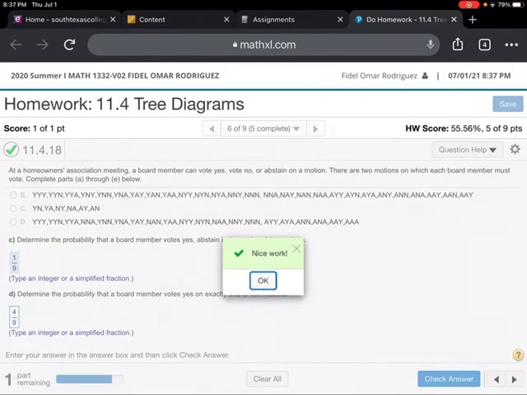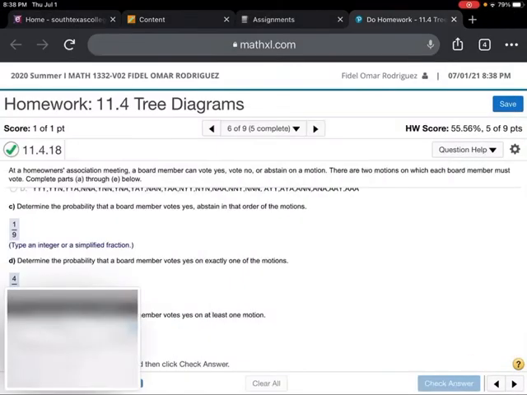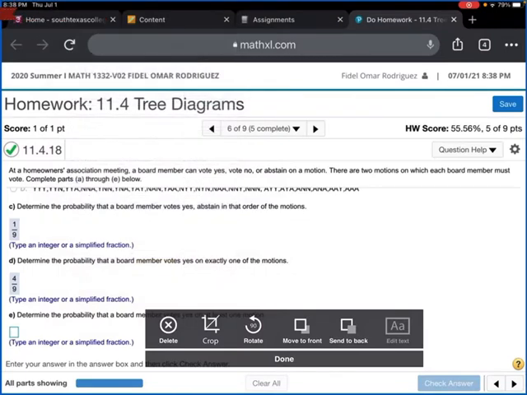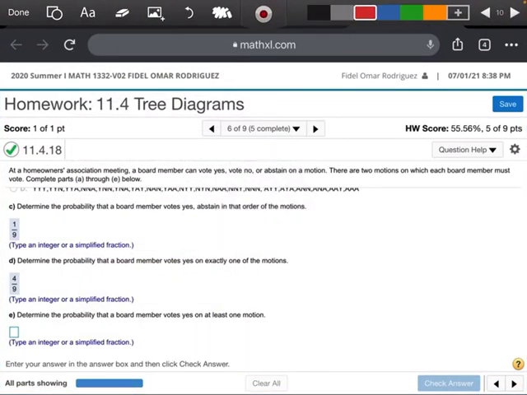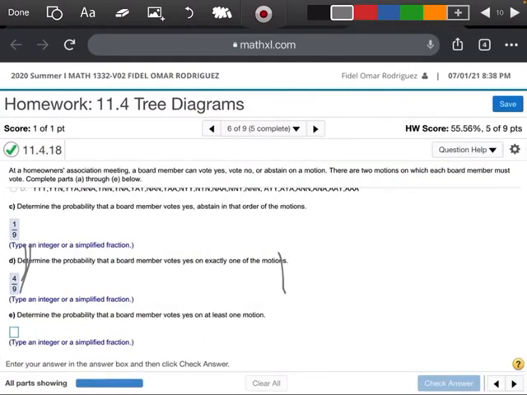And now part E says, determine the probability that the board member votes yes on at least one motion. Okay, so let me take one more screenshot, and let me pull up my picture. All right, so let's use, I don't know, let's go gray. Oops. Oh no, that's not what I wanted to do. That's okay, we'll come back over here. So remember, determine the probability that a board member votes yes on at least one motion.